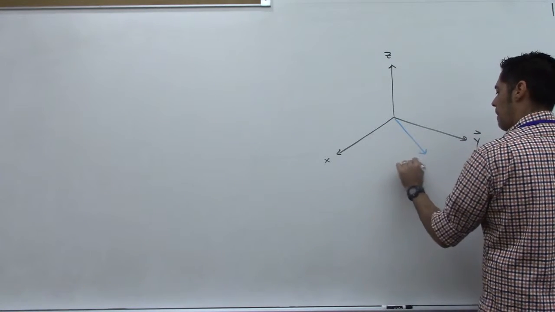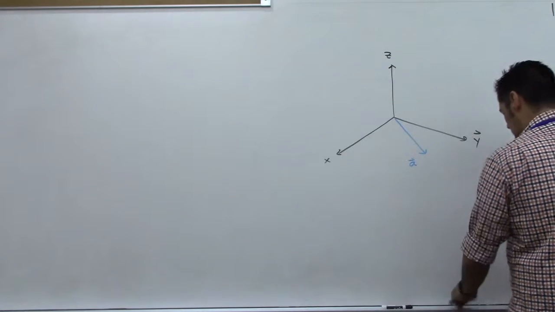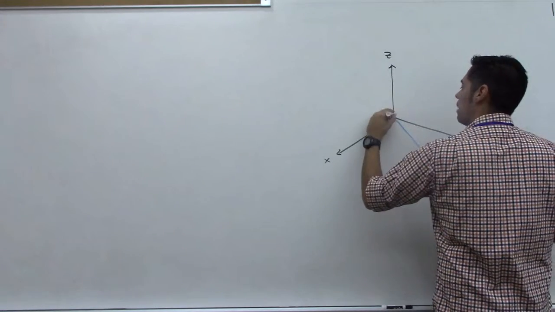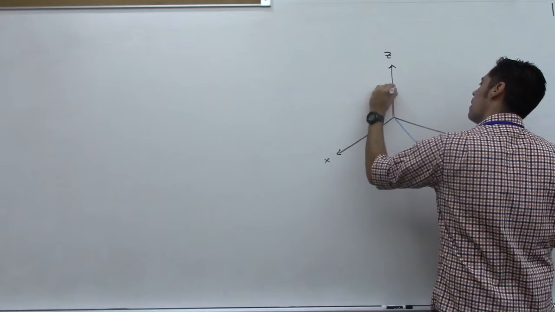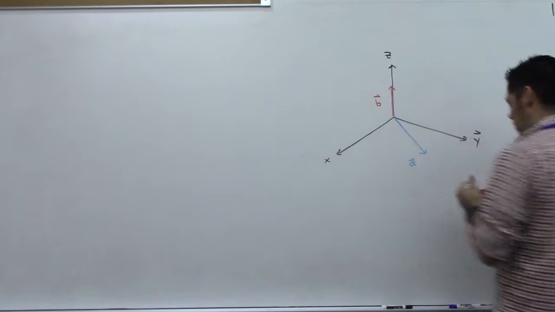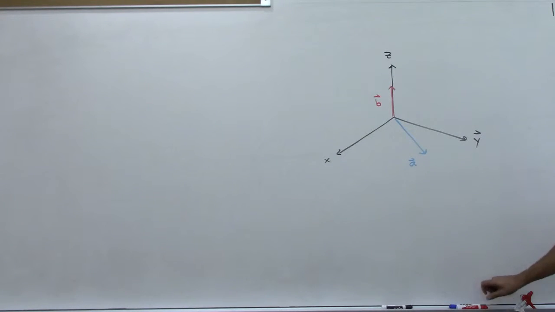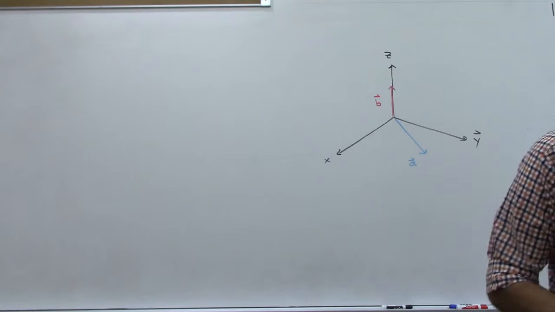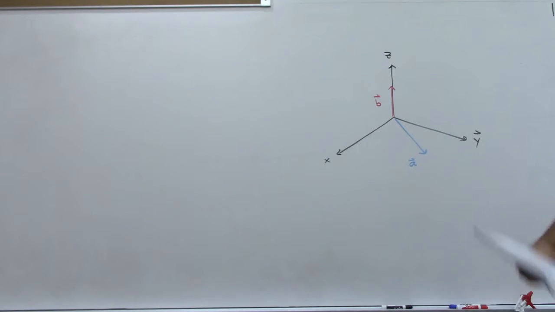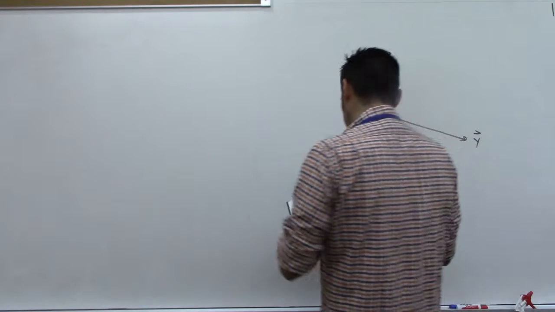Vector B is going up like this. And they also give you some other stuff here.